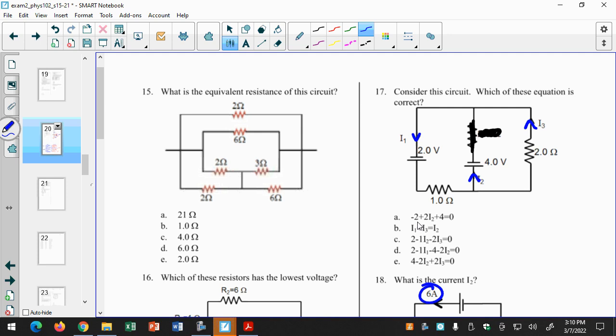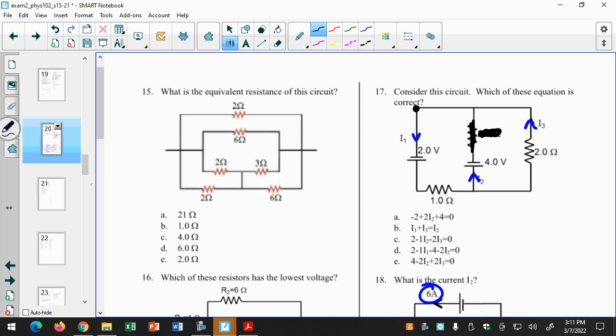What's the other? You need two equations to solve for two unknowns. And the left. I'm going to pick the right and the left. The reason I knew not to pick the big loop is that if I write an equation for the big loop, it's going to have two unknowns in it, right? It's going to have I1 and it's going to have I3 in it. But if I write this equation, we'll see that it only has I3. If I write this one, it only has I1. Okay? So let's write these equations.